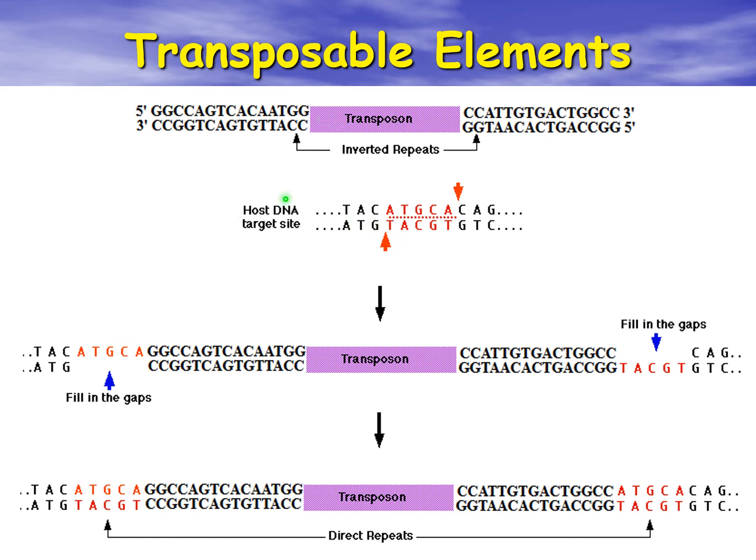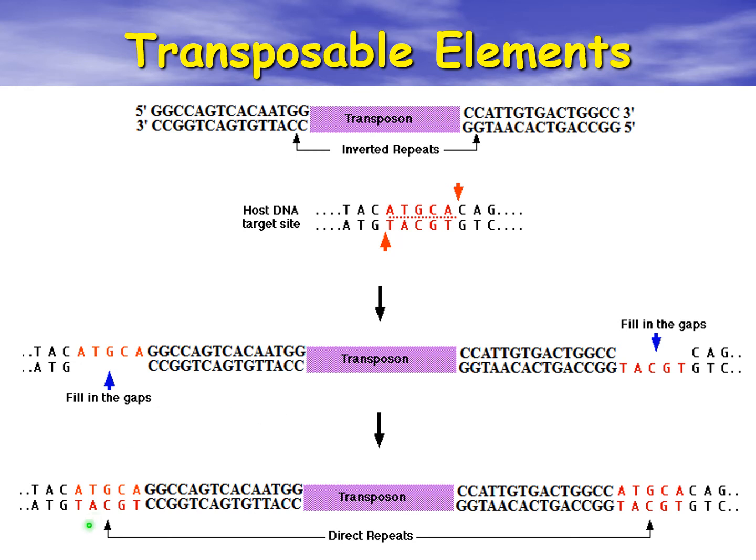In the host DNA that we're going to put this transposon into, we have, again, areas that are going to be inverted repeats. And so what we'll see is that we have enzymes that will cut the DNA. And what will happen is then the transposon will fit into the cut ends of the DNA.